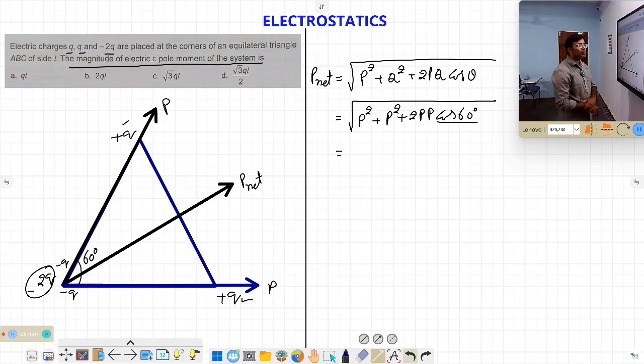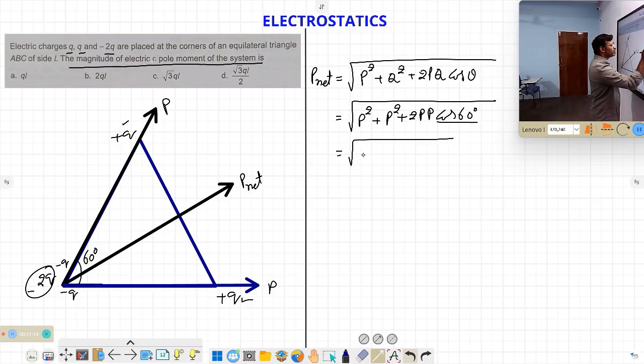Cos 60 is equal to 1 by 2. So if we cancel that, P square plus P square plus P square, that totally you are going to get root 3 P.